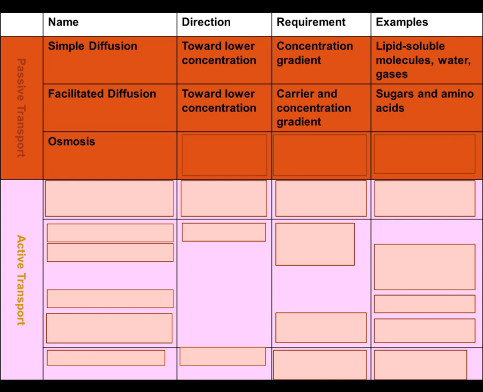Oftentimes these things can't simply diffuse, so they're trapped. So the cell acknowledges this difference and says, this isn't good. I need to dilute out where there's too much solute, and I need to concentrate where there's not so much solute. So where there's more water, I need to take some out and put it where there's less water. And that process is called osmosis.